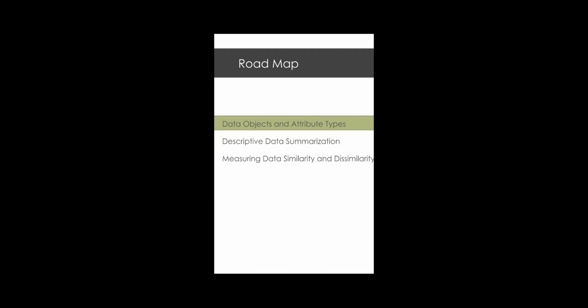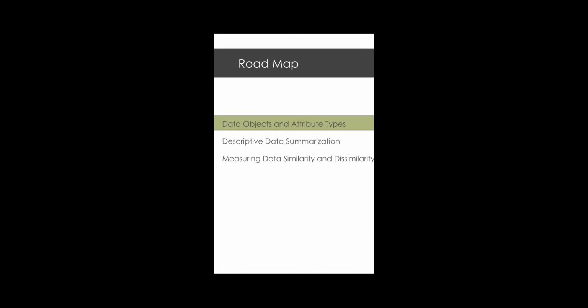So the first concept here is what a data object and attribute type are. Data sets are made up of data objects, and a data object represents an entity. In a general way, a data set is nothing but one database.